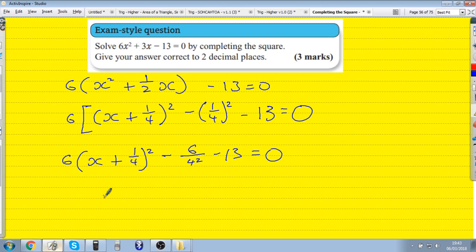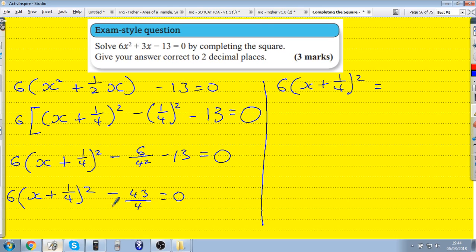So 6 times x plus a quarter squared equals minus 43 over 4. And if it's minus, is it negative on the left side, isn't it? Yeah. And so it would be equal to, when you bring it to the other side, oh yeah, 43 over 4.